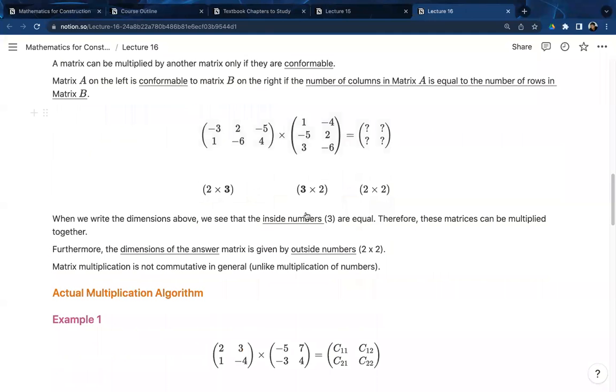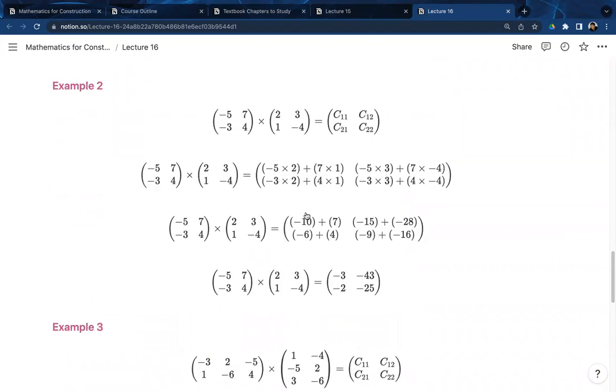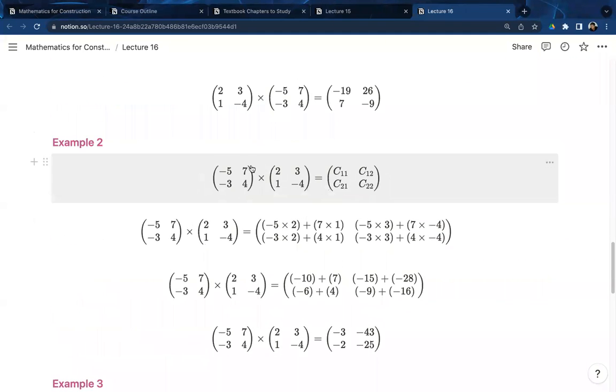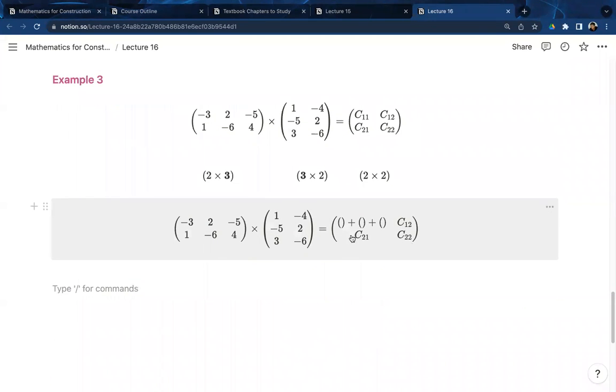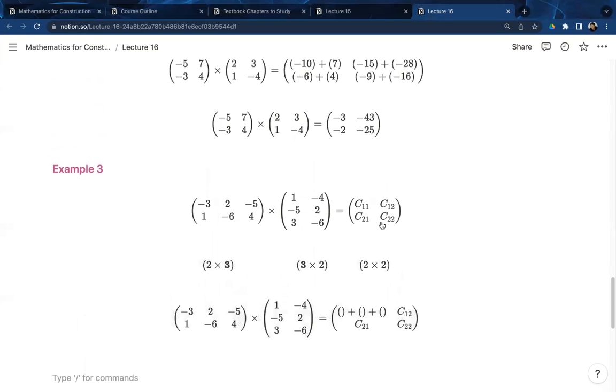Here it was 2 columns by 2 rows, so that's why I had 2 things being added. Here you have 3 things being added for each element. The hint is the number of things to add is determined by this inside number, the inside number 3. That tells you how many things you need to add.